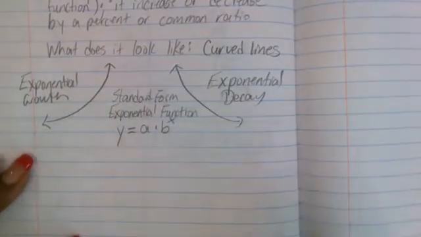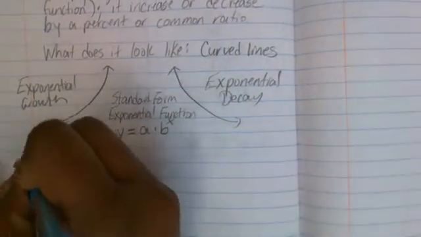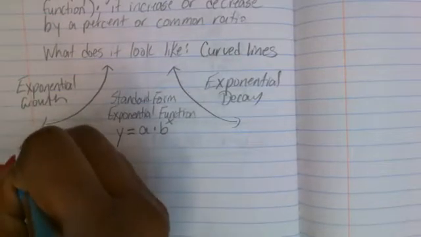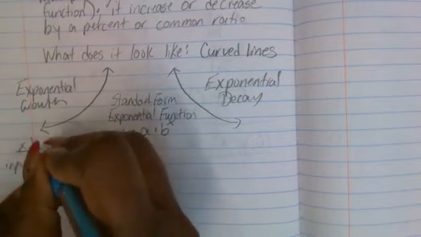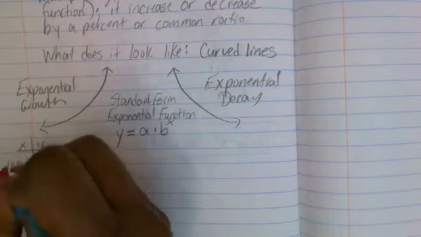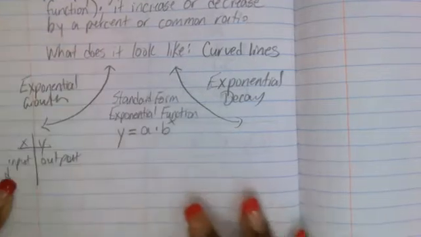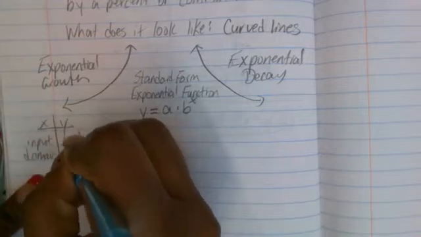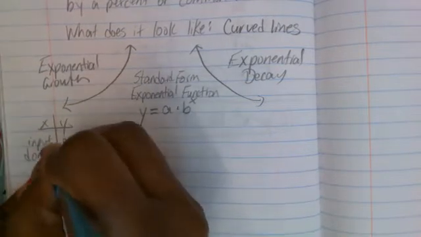Okay, where of course we have different names for x and y. We say x is input, y is output or total. Oops, sorry. X is domain. Your y is your range.